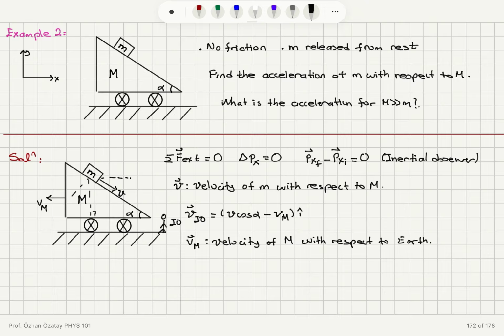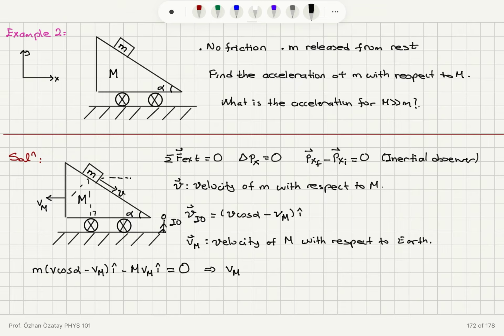Okay, so if I write the momentum conservation according to my inertial observer here, I will have a final momentum m (v cosine alpha minus v capital M) I hat minus capital M v capital M I hat. The final linear momentum on the x-axis must be equal to the initial, which is 0. So I find the relationship between these velocities.